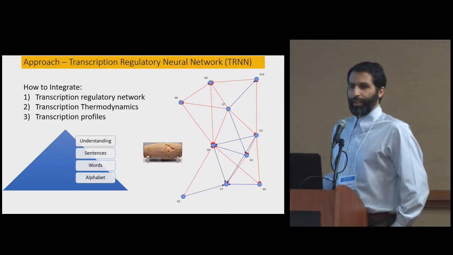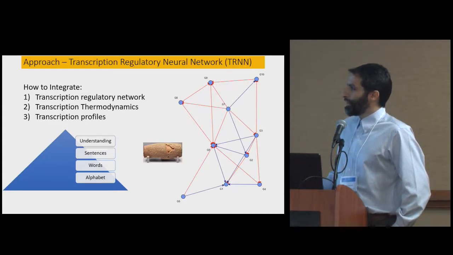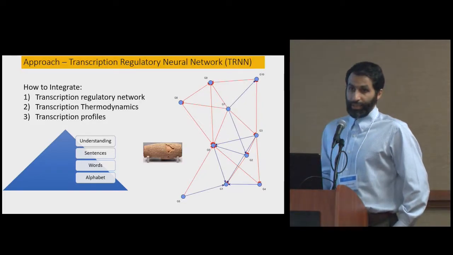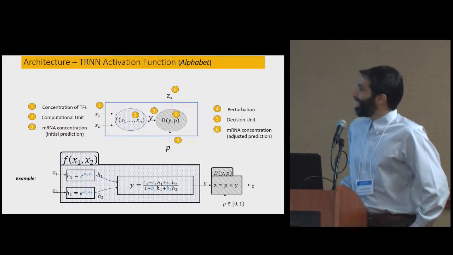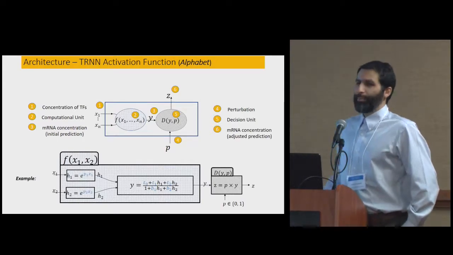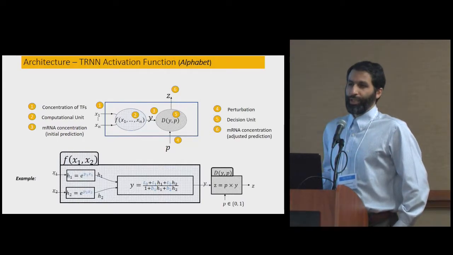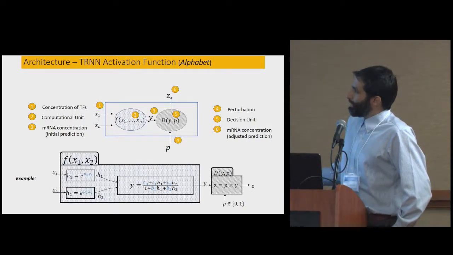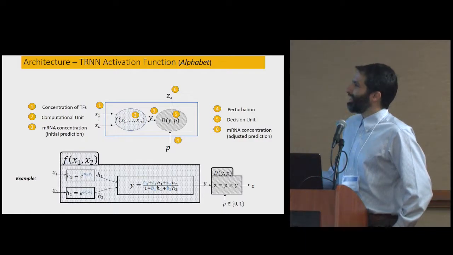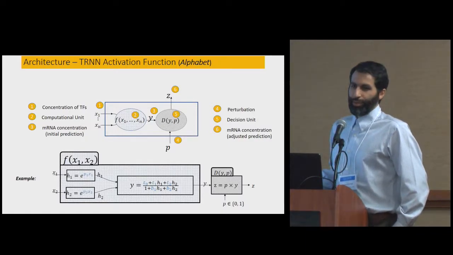Once you understand that, then that can help you understand what's in the manuscript. So use this analogy here, and this is the basic building block, if you wish, the letters used in the manuscript. And this is the most fundamental unit of the neural network that we designed.